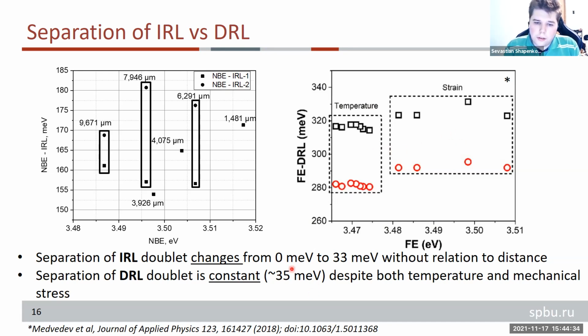It remains around 35 millielectron volts. But if we look at the same property of the intersection-related luminescence, we can see that it changes irregularly with distance, it can disappear and appear, and the separation isn't constant. These properties couldn't be explained only by the reduction of mechanical stress.